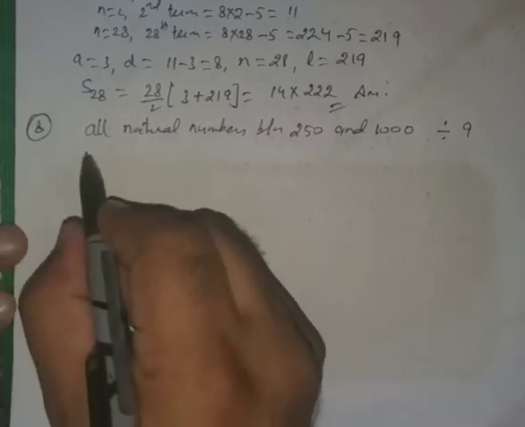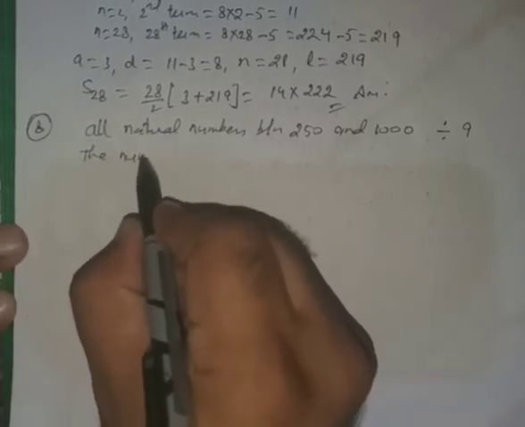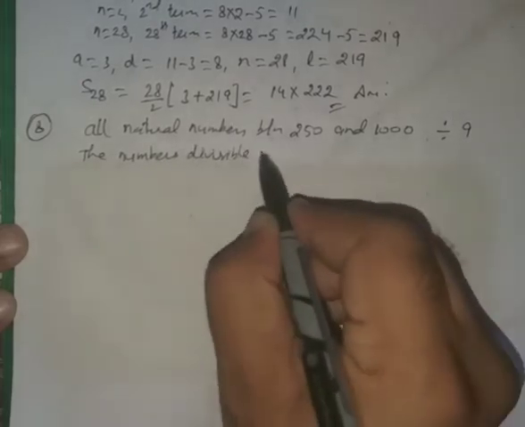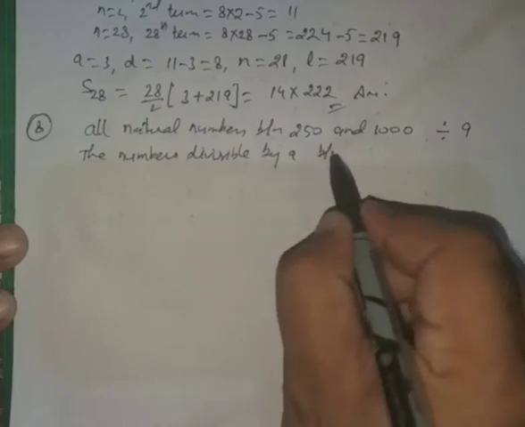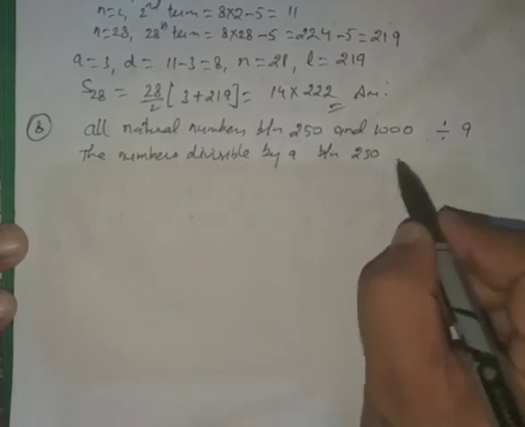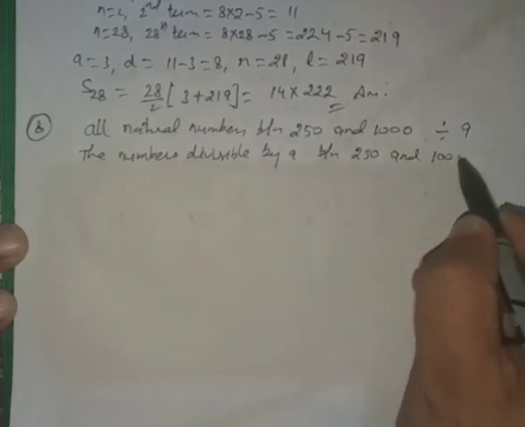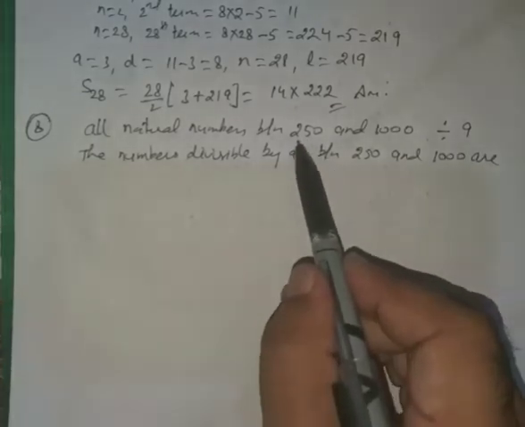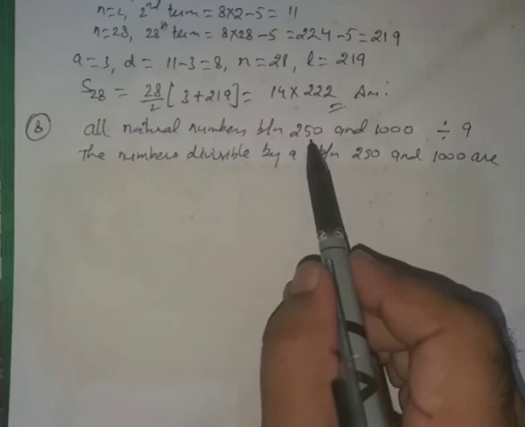So the numbers divisible by 9 between 250 and 1000 are. So 250 is the first term, and it is not divisible by 9.